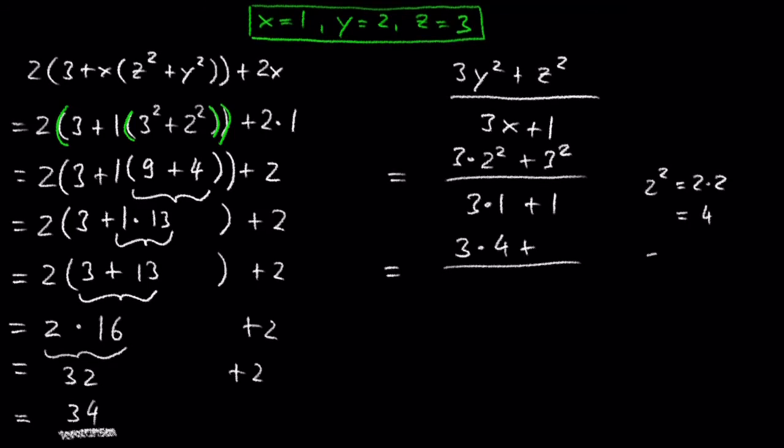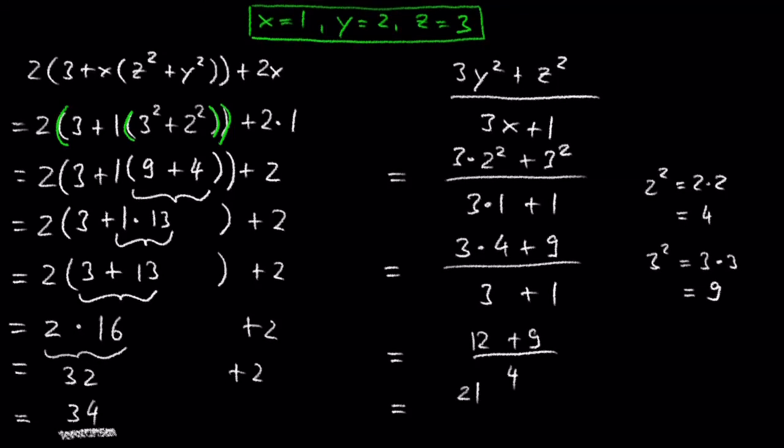And 3 squared is 3 times 3, which is 9. 3 times 1 is 3. 3 times 4 is 12. Plus 9, 3 plus 1 is 4, so we get 21 over 4.